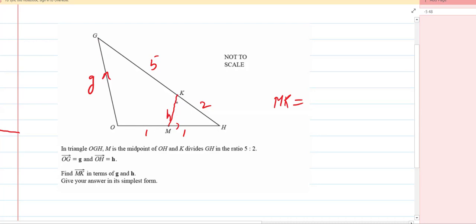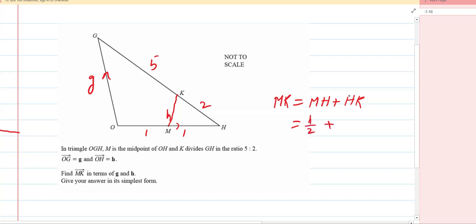Of course, I will prefer to go by the short path. It can be MH plus HK. Now, MH we know because it will be half of OH. OH is H, so MH will be H over 2 only.